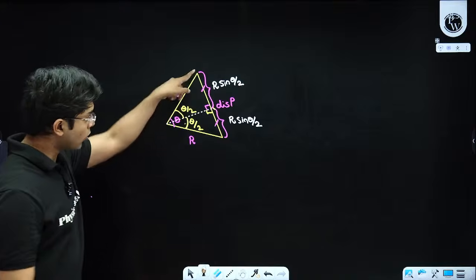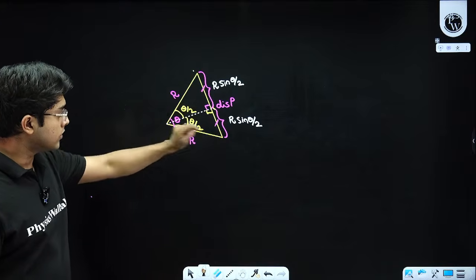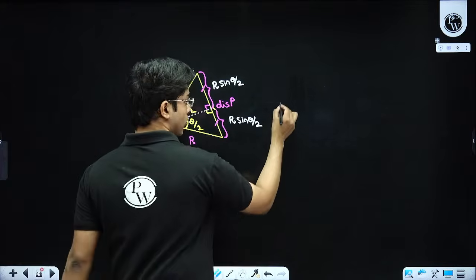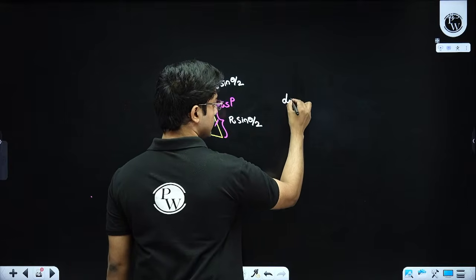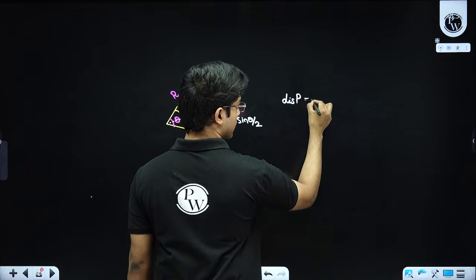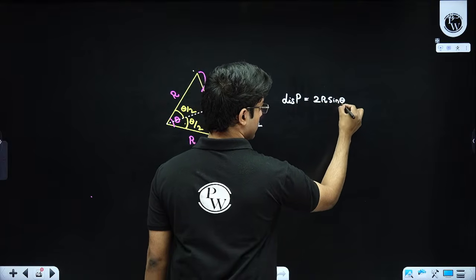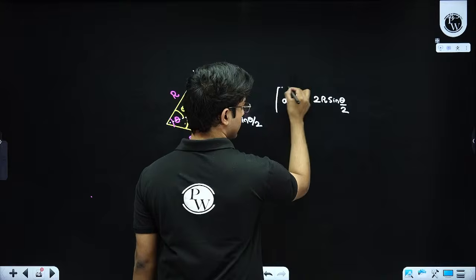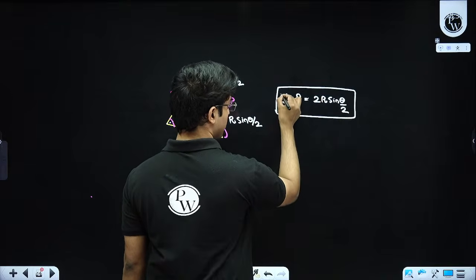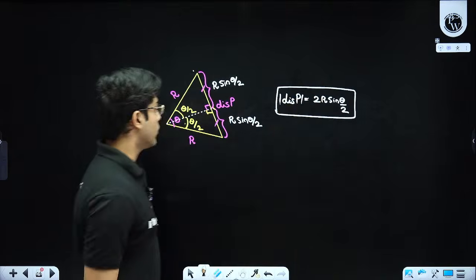So what is the total length? Just add them up, right? So in this case, the displacement will be 2r sine theta by 2, the displacement's magnitude, okay.